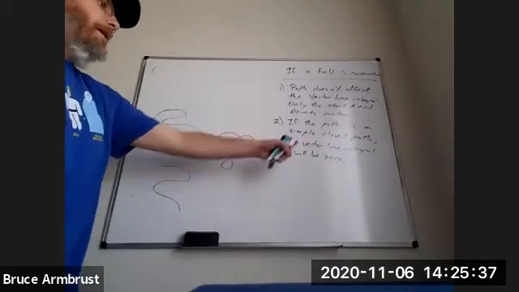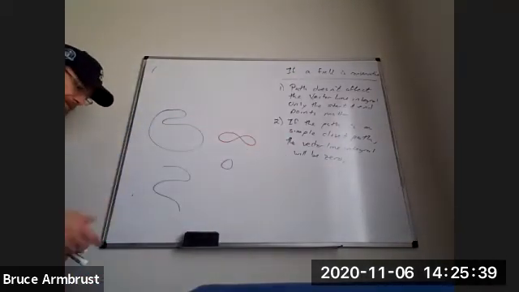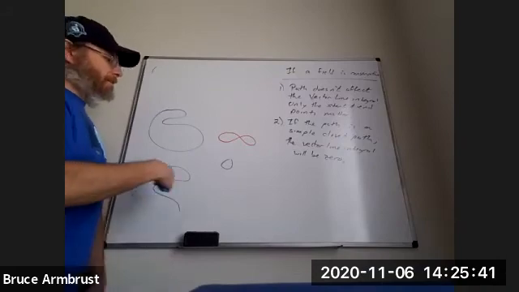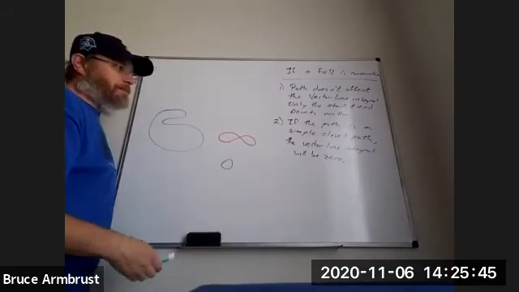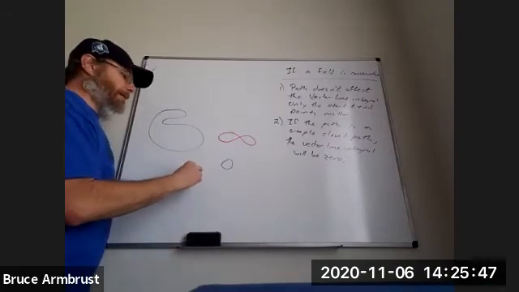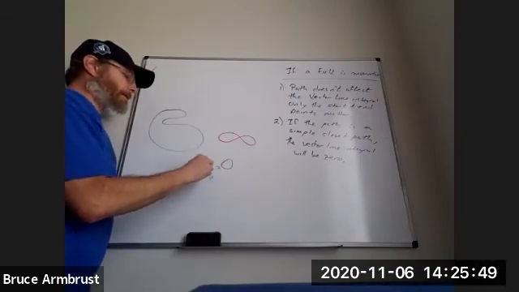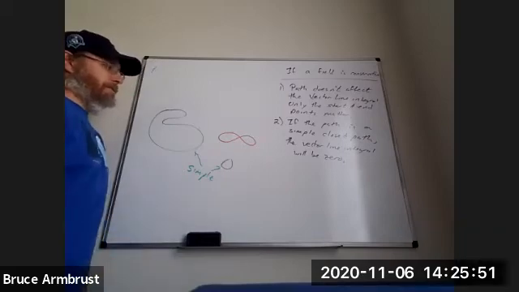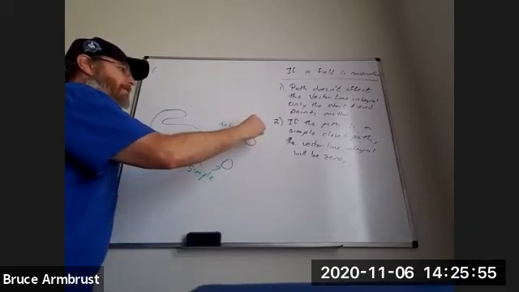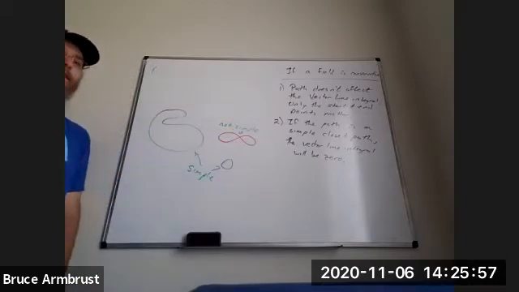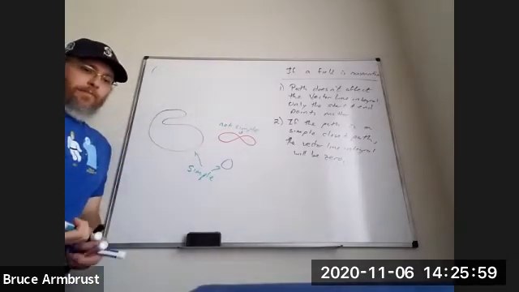So then the question is, what about simple? Okay, so we got some closed paths up here. Some of them are simple and some of them are not. These 2 that are in blue are simple. This infinity symbol, the red one, is not simple.